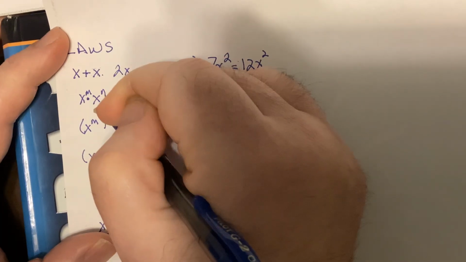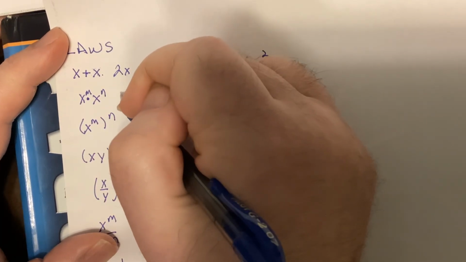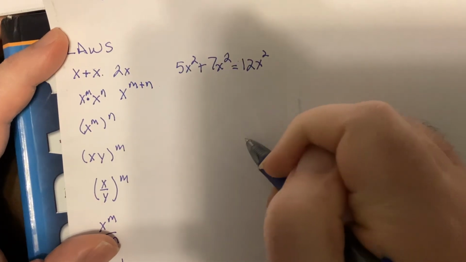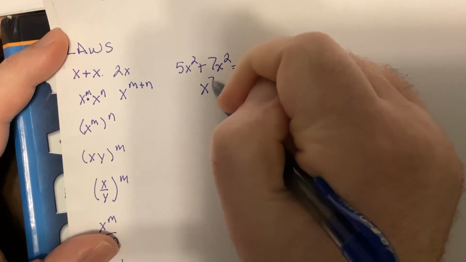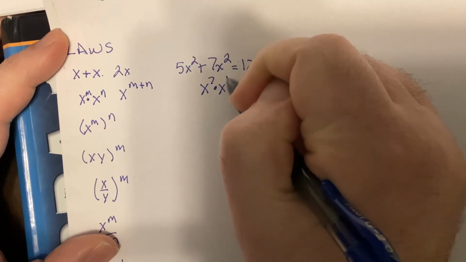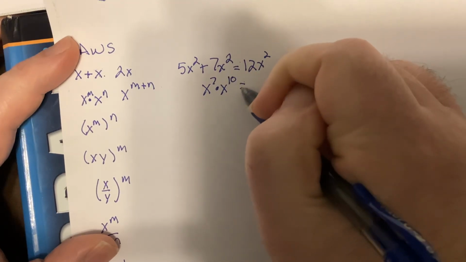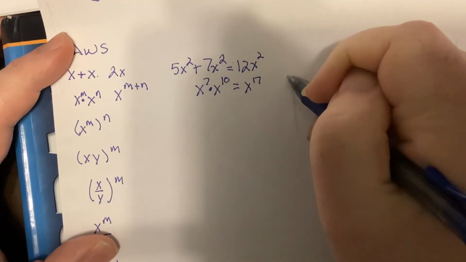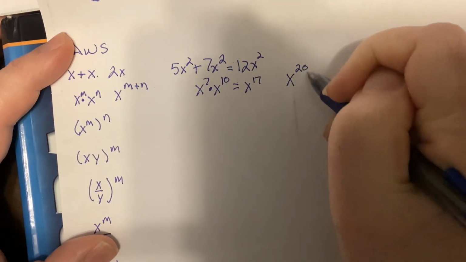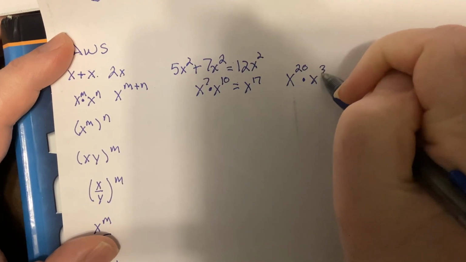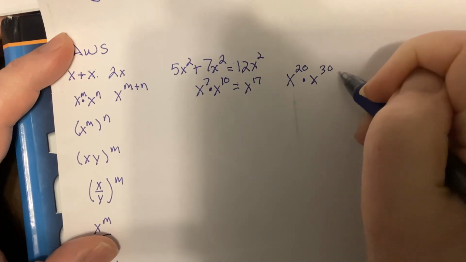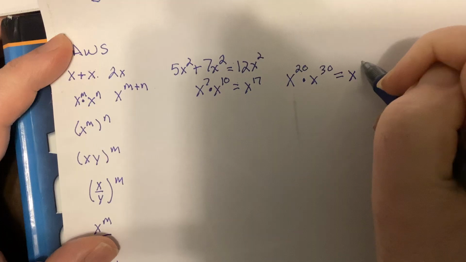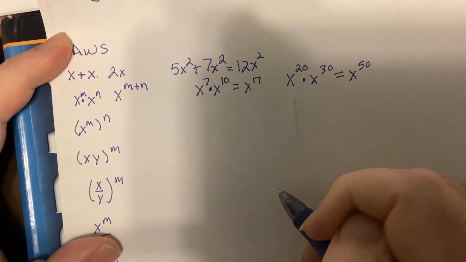When you multiply two things with the same base, you add the powers. So x to the 7 times x to the 10 is x to the 17th. So what is x to the 20 times x to the 30? That's right, x to the 50. Good job. I'm impressed with you.